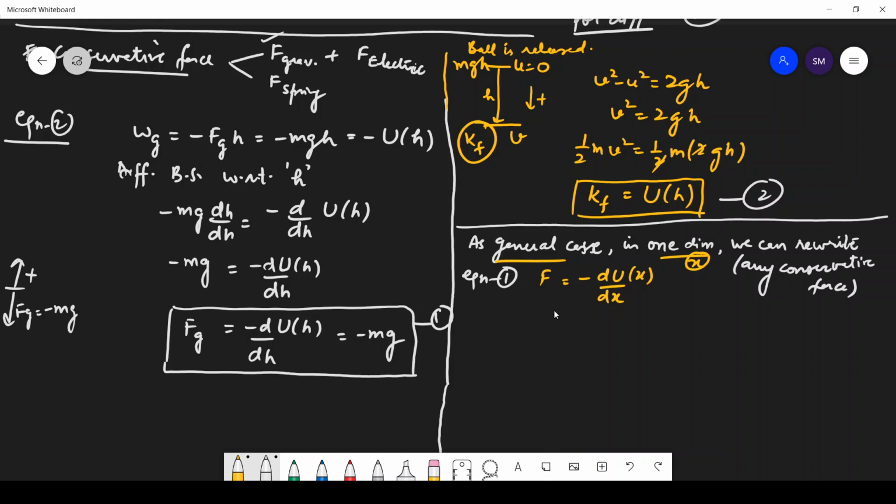So now I can write this as F, for a conservative force, in differential form. I can rewrite this differential form as F dx equals minus dU.